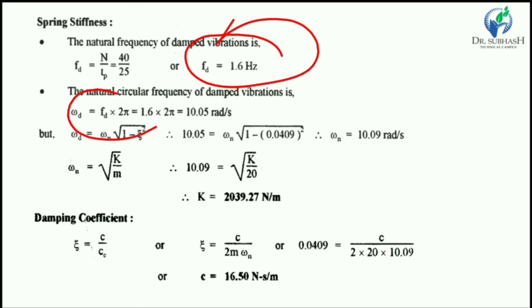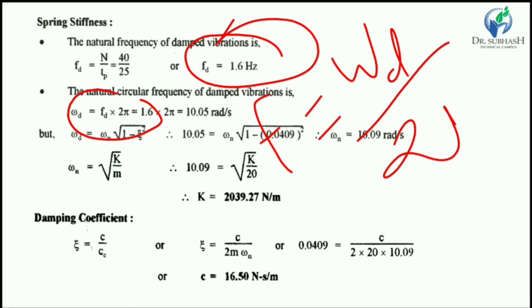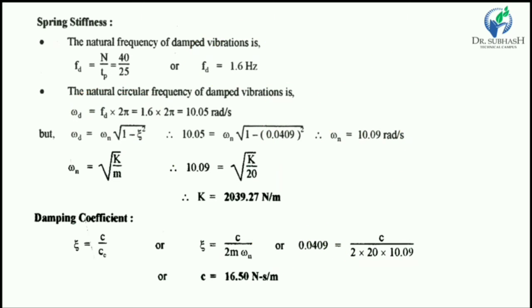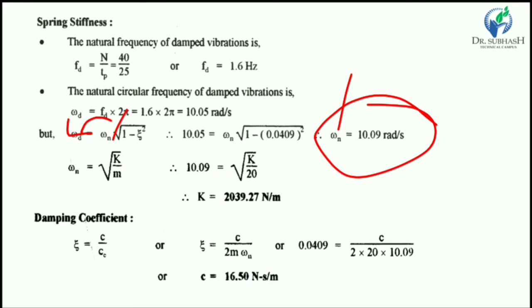Now from the equation of frequency, fd is omega d upon 2 pi, so omega d is equal to frequency into 2 pi. Here the value of fd and pi are put in, and finally we find omega d is 10.05 radian per second. And now the value of the damped circular frequency omega d is put in this equation and we find the natural circular frequency, 10.09 radian per second.